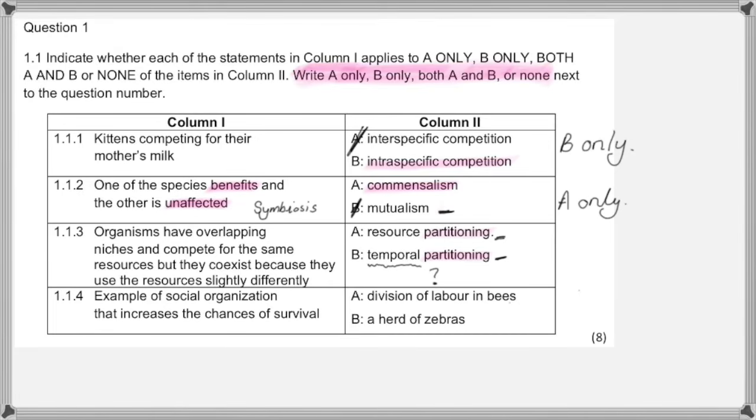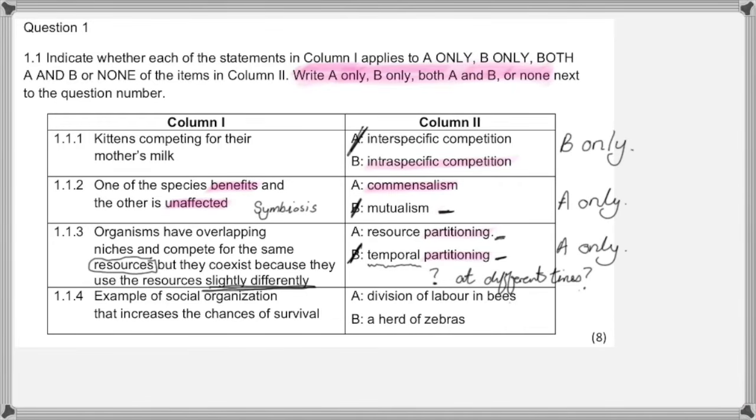So we're referring to the same resources, but we are using them slightly differently. Temporal, if you see in option B there, refers to time. So there's no time partitioning, but rather resource partitioning, because it is the resource that is being used slightly differently. Therefore, our option here is A only.